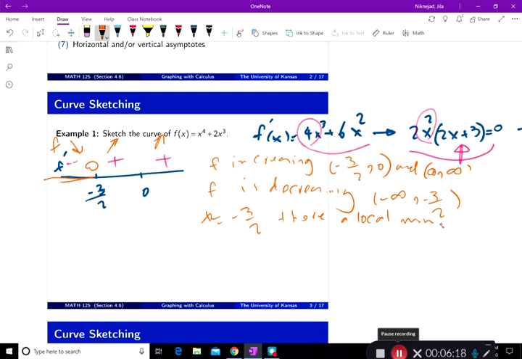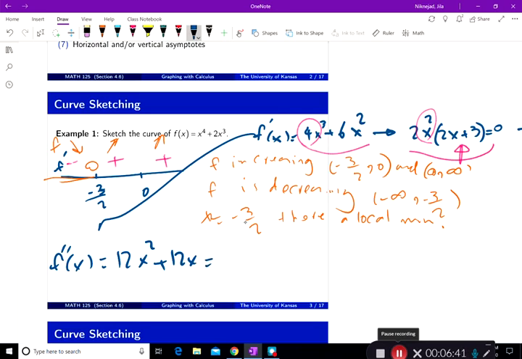The next step is to find f double prime and do the same routine with it. So I'm going to use the version of f prime that is not factored, because that's an easier one to take the f double prime of. F double prime of x is 12x squared plus 12x.